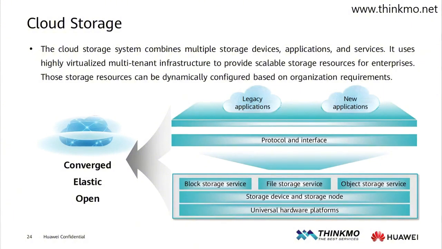By using our traditional or general hardware platforms, we can combine our physical resources together. Here we can divide it into a few different types, including file storage, block storage, and object storage. These 3 types of storage are part of the cloud services. So, the 3 main types of cloud storage are block storage, file storage, and object storage.